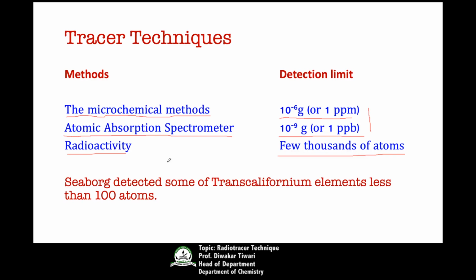Radioactive techniques are very useful for detecting very low levels of analyte. Seaborg, for example, detected some trans-Californian elements, fewer than 100 atoms, in a complex material.